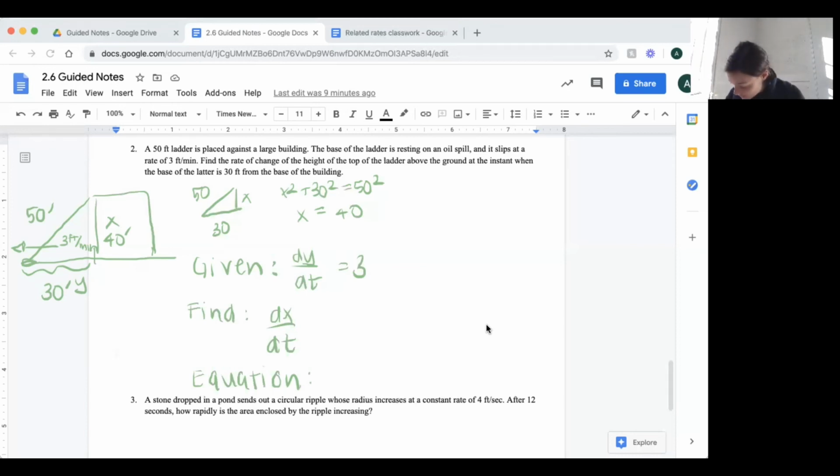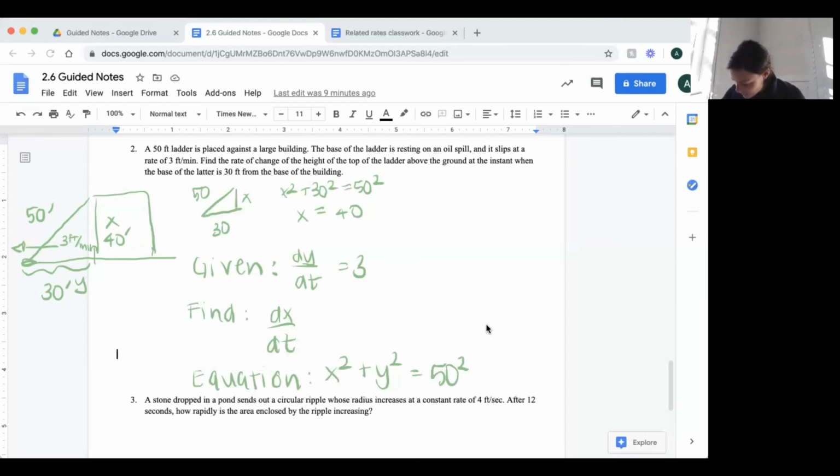So my equation is x squared plus y squared is equal to 50 squared. The x, the height of the ladder against the wall, is changing. The y, the ladder slipping out, is changing. That hypotenuse length, that 50, is not changing, the length of my ladder is not changing. So my equation is x squared plus y squared equals 50 squared.